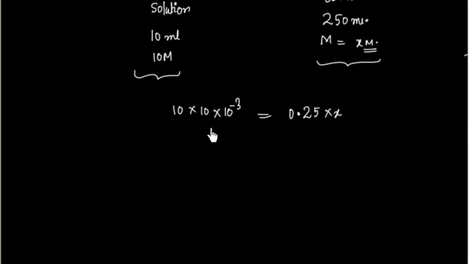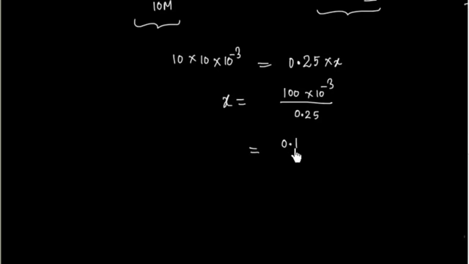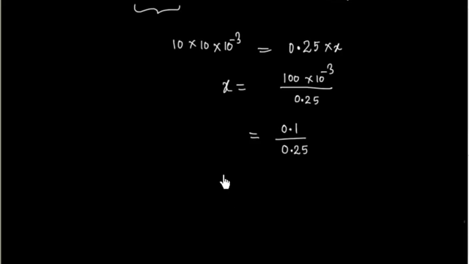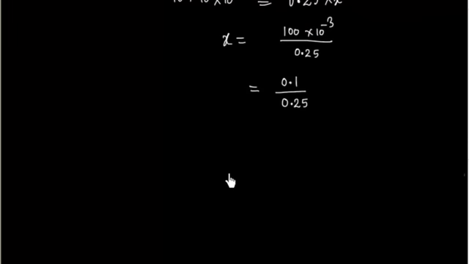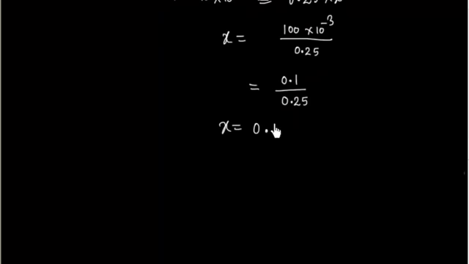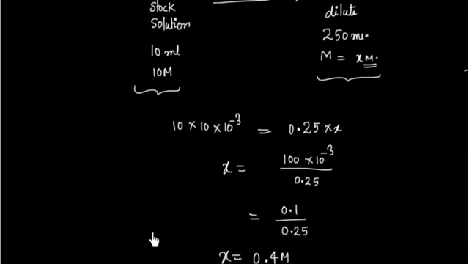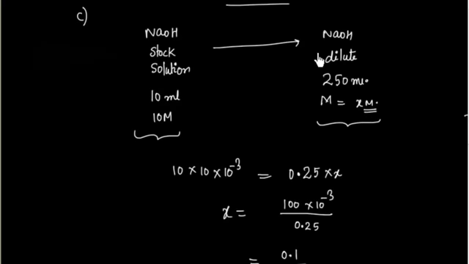So from here, x is equal to 10 into 10, 100 into 10 power minus 3, that is 0.1, divided by 0.25. So this is equal to 0.4. So molarity is 0.4 M. So this is the final molarity of NaOH.